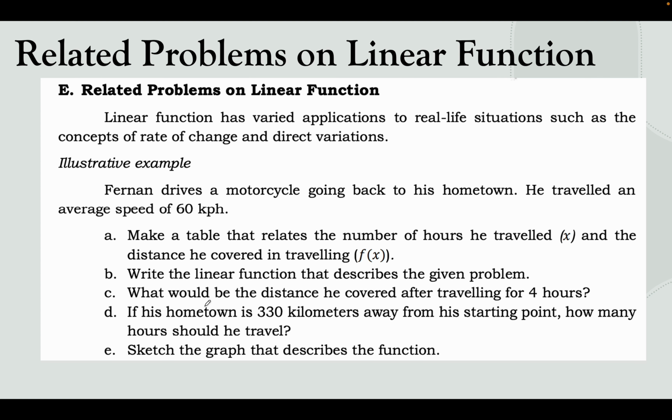Letter D, if his hometown is 330 kilometers away from his starting point, how many hours should he travel? And the last task is we need to sketch the graph that describes the function. So try to screenshot this one and let's review later each of the steps that we need to accomplish.